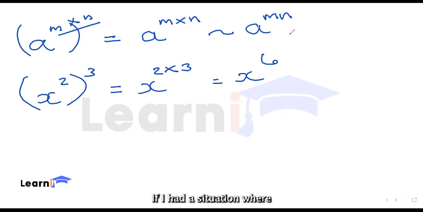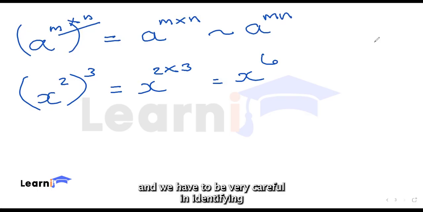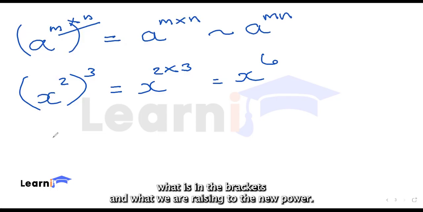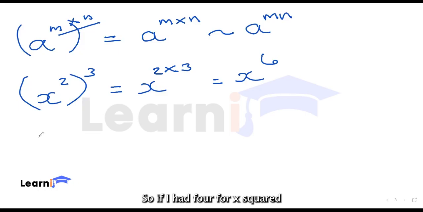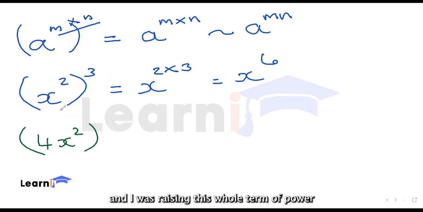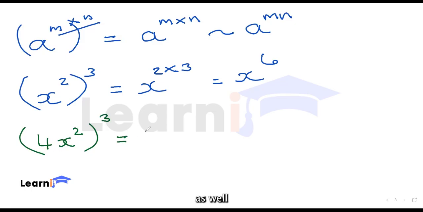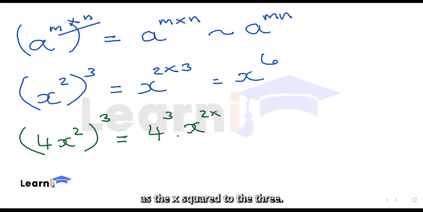If I had a situation where brackets come into play, we have to be very careful in identifying what is in the brackets and what we are raising to the new power. So if I had 4x squared and I was raising this whole term to the power of 3, I have to raise the 4 as well as the x squared to the 3.